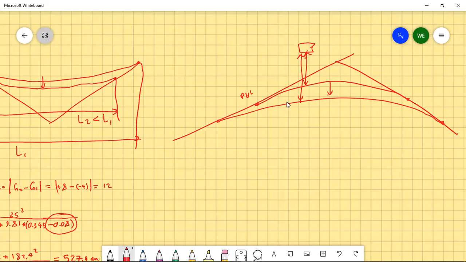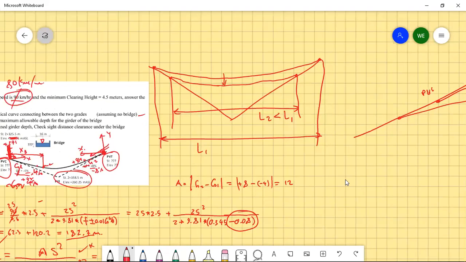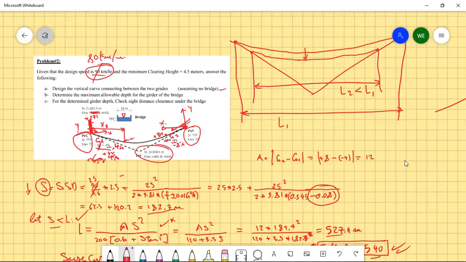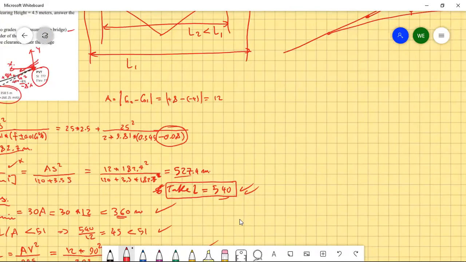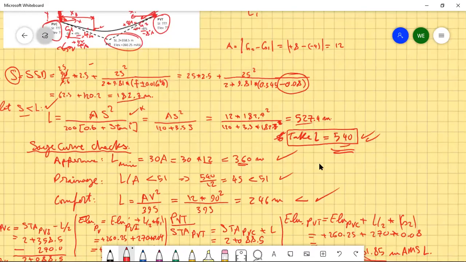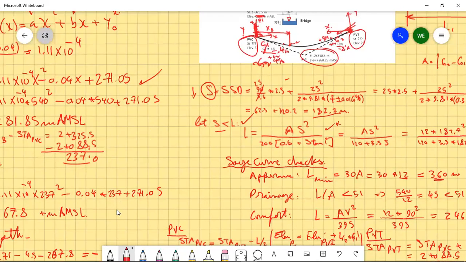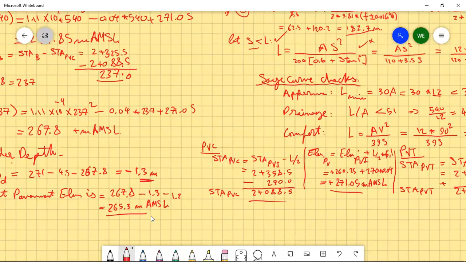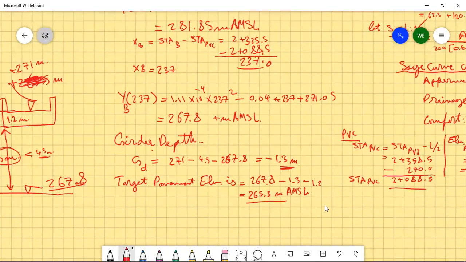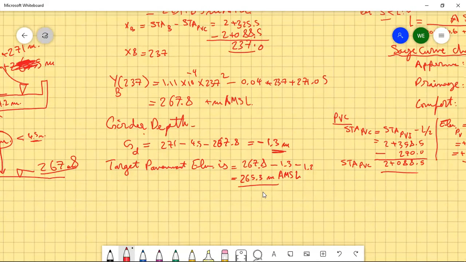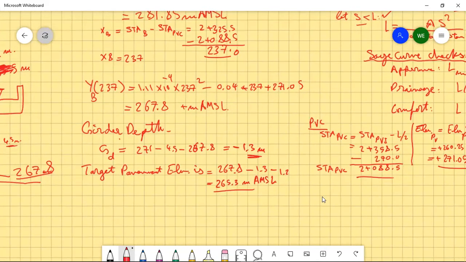So in our case, what we are aiming for is basically reducing the length of the curve. Here the initial length we had was 540, and our target is basically reducing the elevation of the pavement underneath the bridge by how much? So basically the target elevation is 265.8.